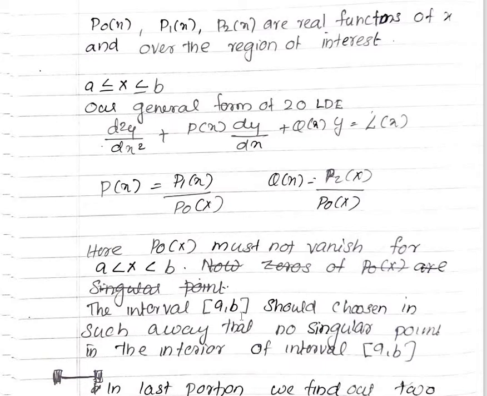The interval a to b should be chosen in such a way that there is no singular point in the interior of this interval. That is the condition for the existence of this relation.